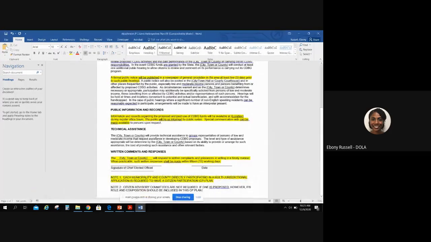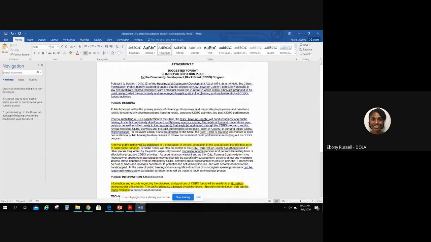Attachment P is your citizen participation plan.